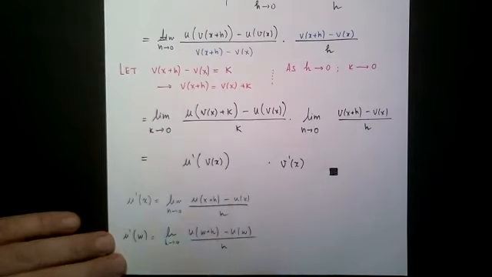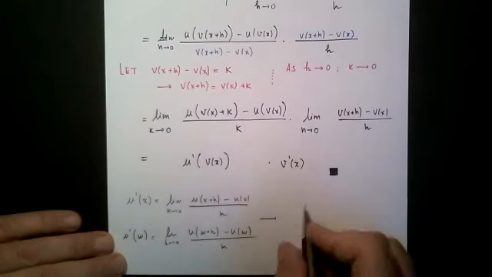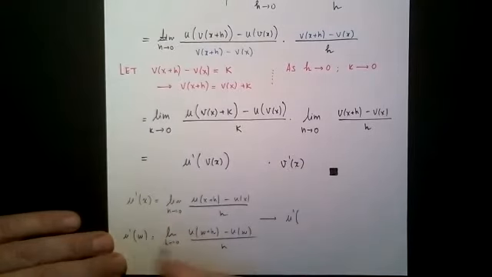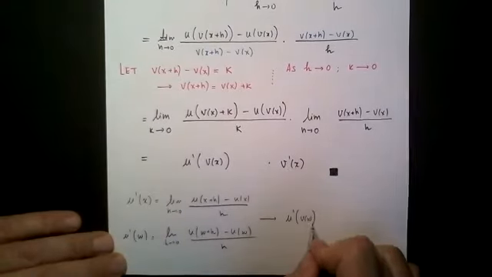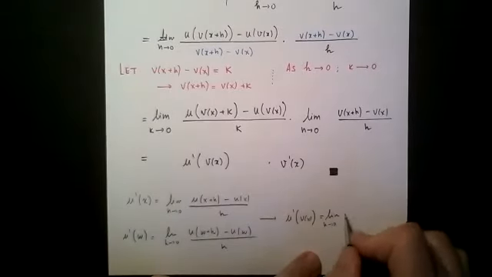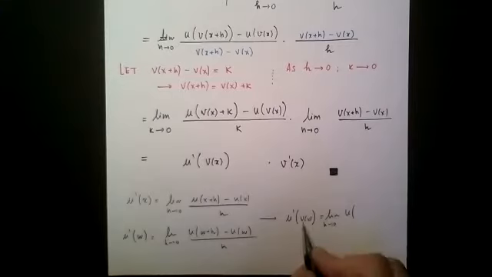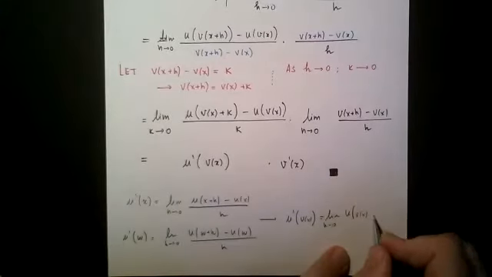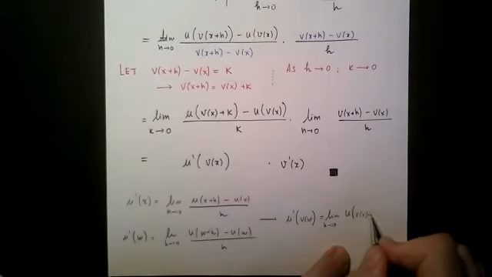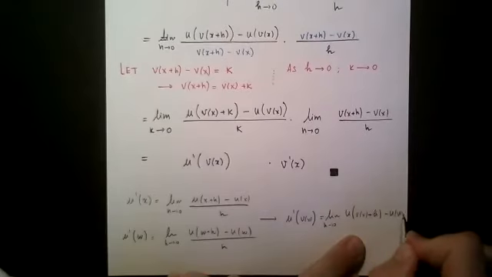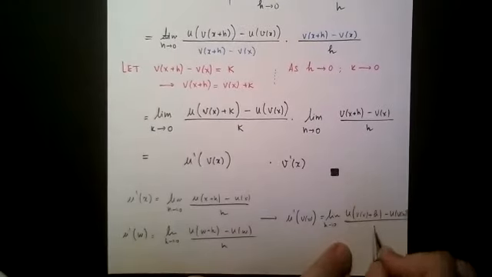Yes. Okay, so now if I follow the same logic, instead of being x or w, I have here v of x, then it would be the limit as h approaches 0 of u of v of x plus h, or k, whatever, minus u of v of x over h.